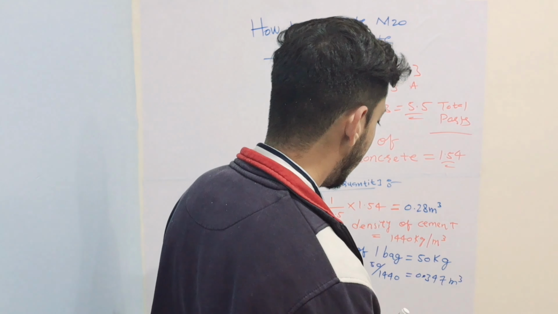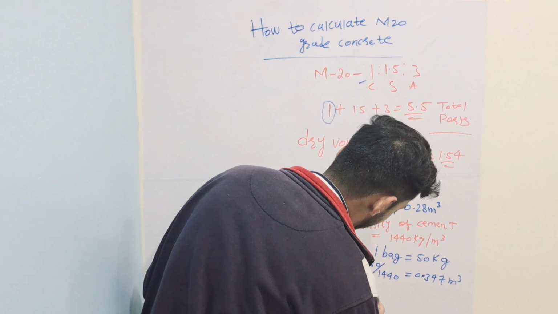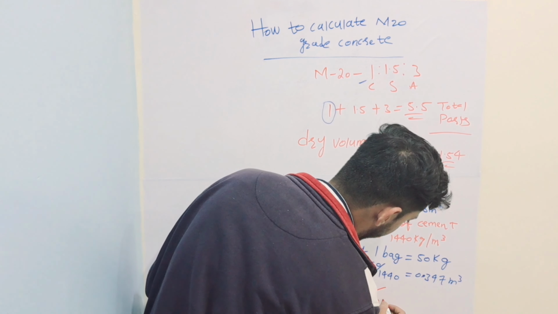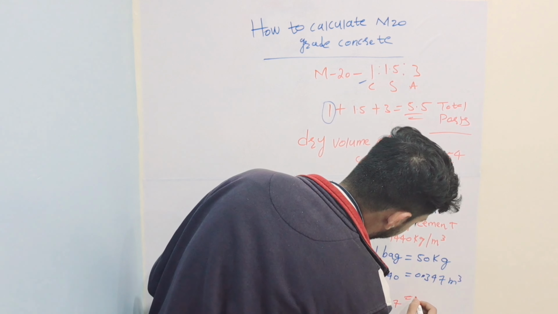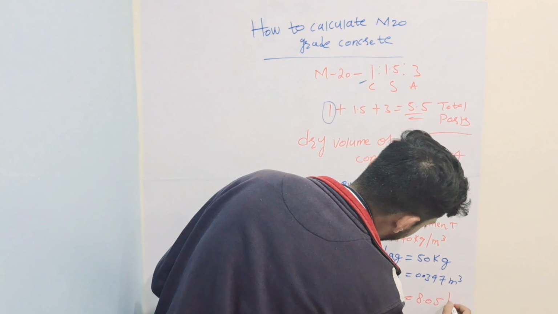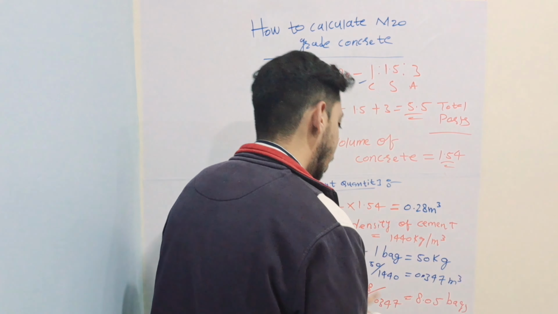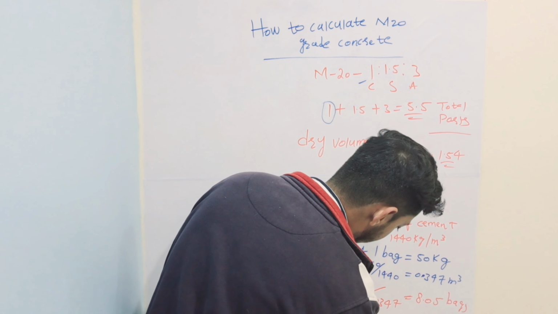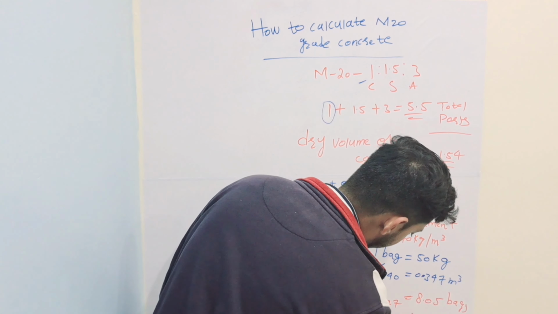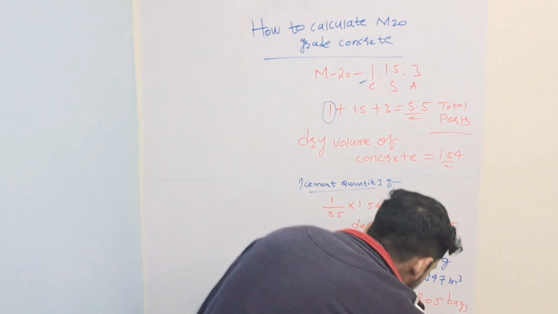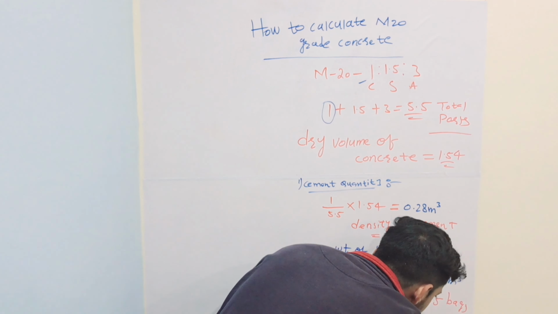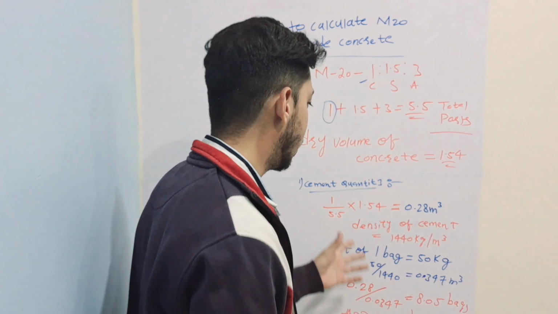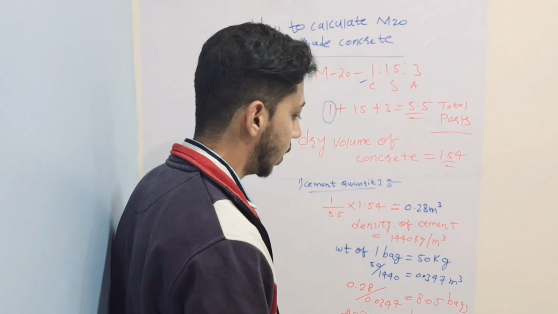Now, 0.28 divided by 0.0347 gives you 8.05 bags. Approximately, you take 8 bags of cement. Like that, you take out the calculations for cement quantities.